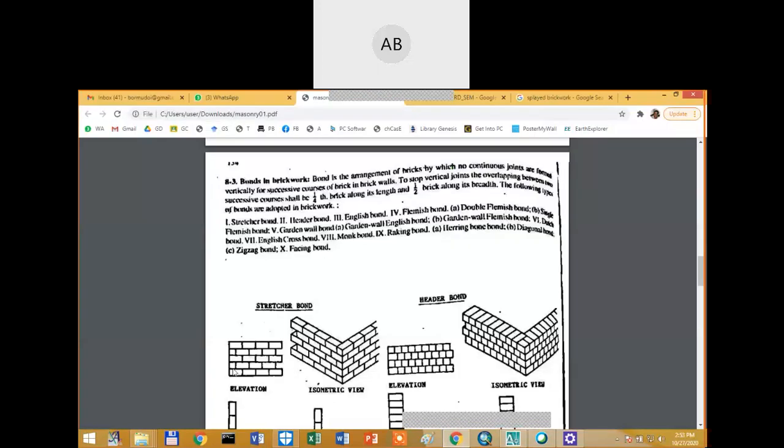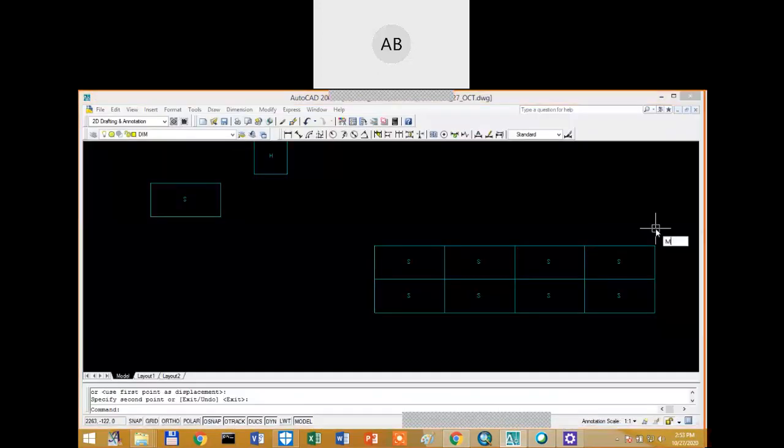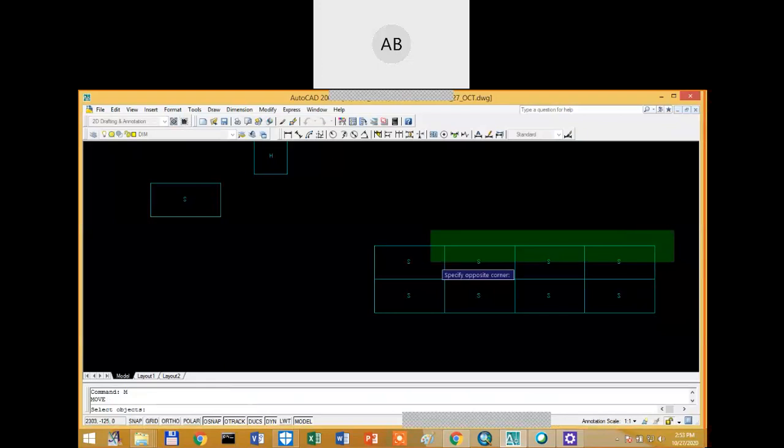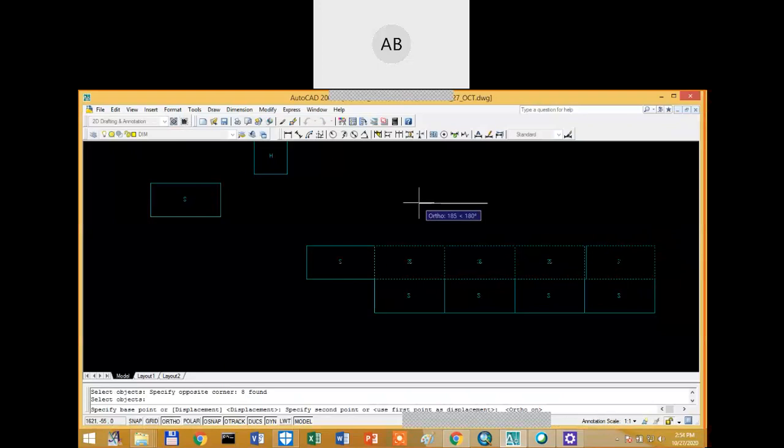So if you look carefully at this drawing, there is a shift of how much? Half the brick. Look here, half the brick. That means this line of bricks should be moved. How much? Along this.